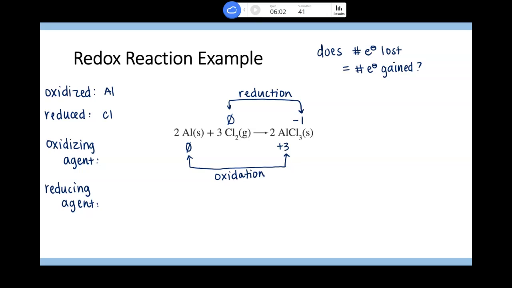The oxidizing agent now is the starting material, whole compound, that causes another atom to be oxidized. So it's the compound that takes electrons. Chlorine became reduced, or chlorine is reduced. So chlorine, Cl2 gas, is the oxidizing agent, so that whole compound.